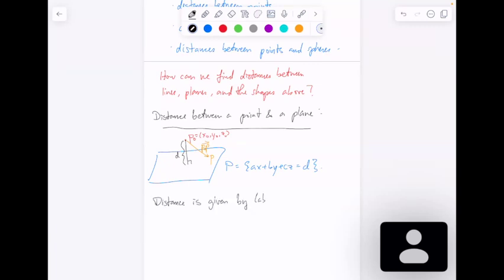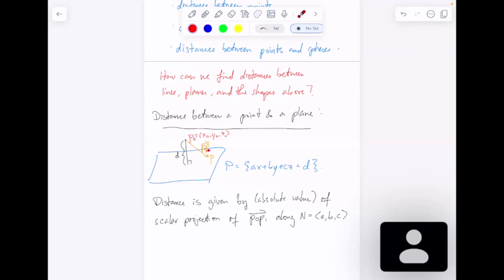So the distance is the absolute value of the scalar projection of the vector P0P along the normal direction A, B, C. In other words, you want this vector dotted with the unit direction of the normal, because remember, the dot product of P0P with a unit vector in this direction is just the magnitude of P0P times cosine of this angle theta, which gets you this.